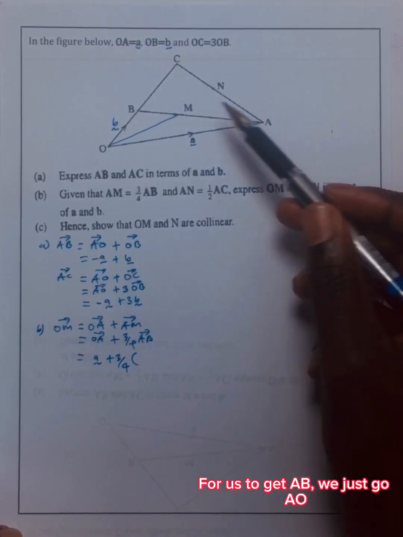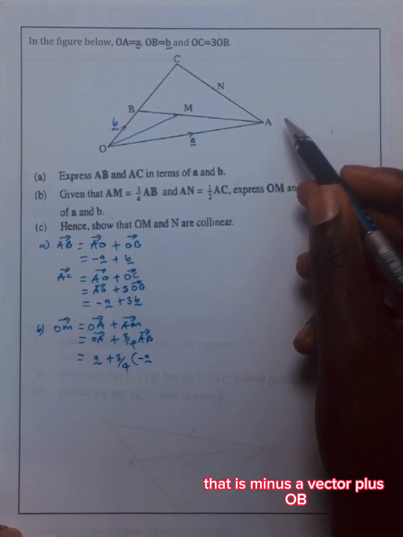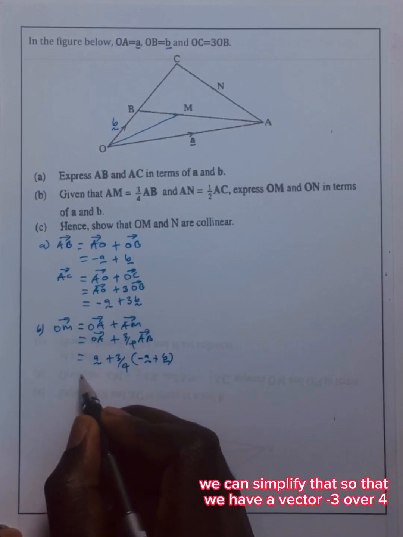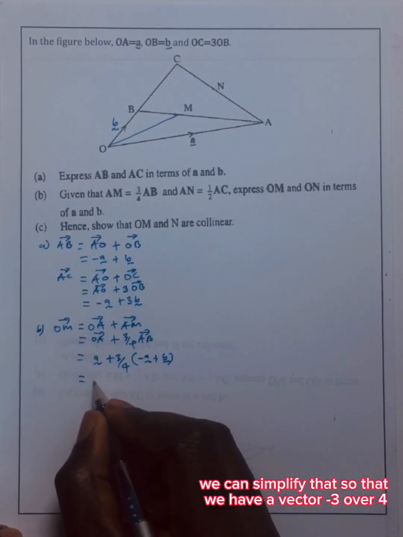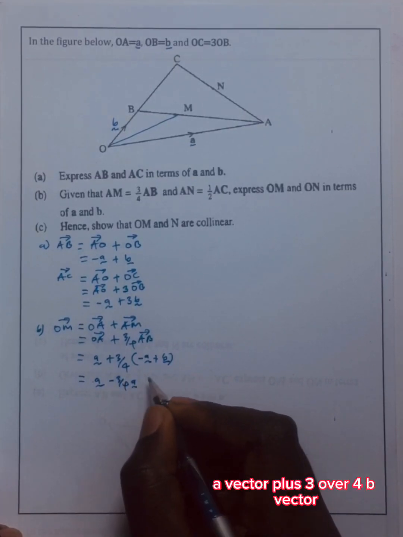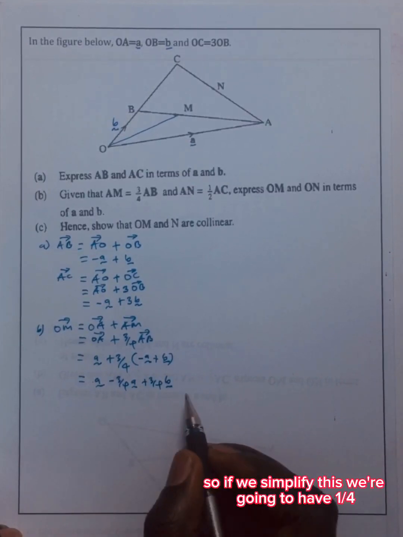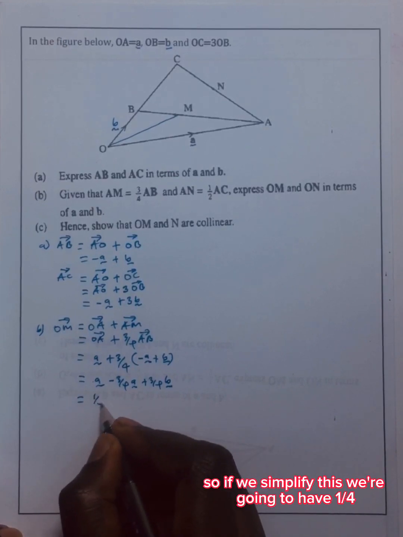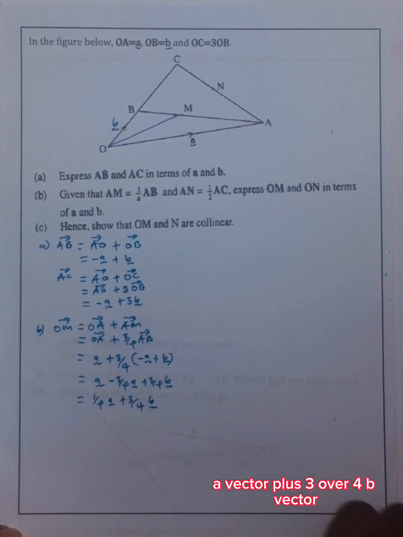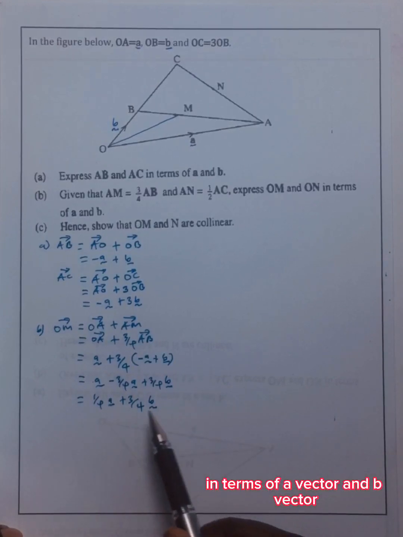For AB, we go AO, that is minus vector A, plus OB, which is just vector B. So you can simplify that so that we have vector A minus 3 over 4 vector A plus 3 over 4 vector B. If we simplify this, we're going to have a quarter vector A plus 3 over 4 vector B. So we have expressed OM in terms of vector A and vector B.